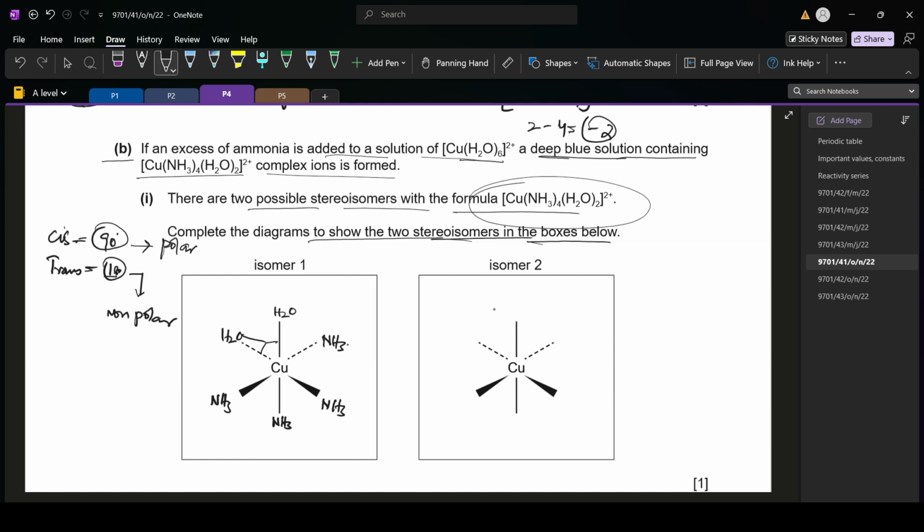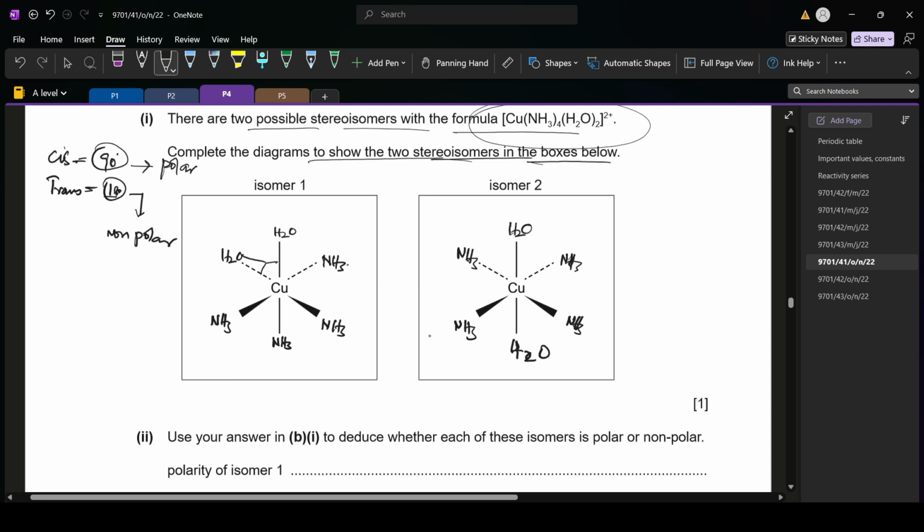In trans we will have water molecules at an angle of 180 degrees, and then we have ammonia. So you can see that in cis the polarity does not cancel out, and in trans the polarity does cancel out. This ammonia cancels out with this ammonia, and this water molecule cancels out with this water molecule. The overall polarity cancels out, so it is non-polar.